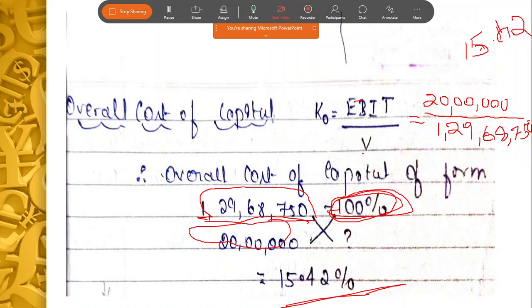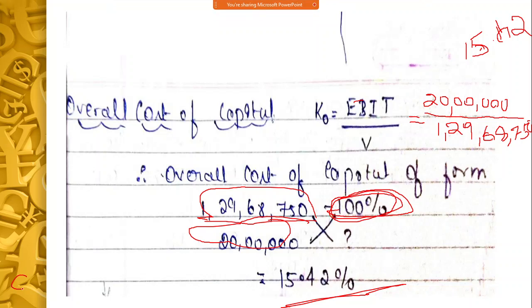So once after you do this, every time for every problem you'll have to give conclusions. Conclusion telling that according to the problem, under net income approach, the value of the company stands at the amount of rupees so and so, and that the overall cost of capital is 15.42%.